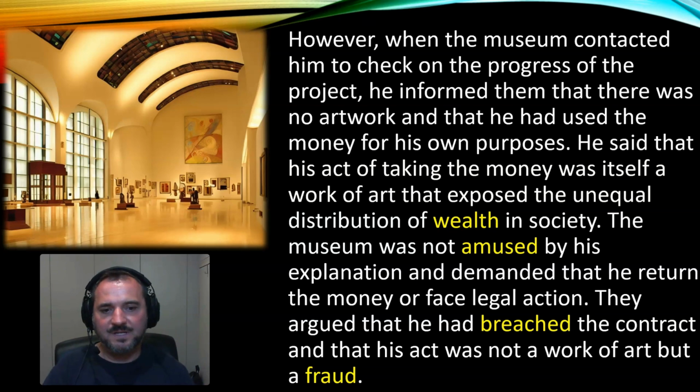In this case, obviously, the fraud is that the artist has taken this grant, this large amount of money, and they have not produced the artwork that they promised. So this would be considered a fraud, that they were not acting in an honest way.